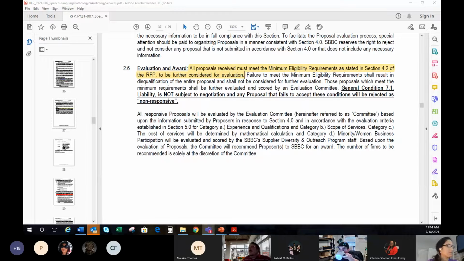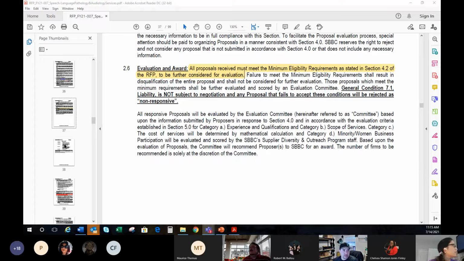So also within this section is this general condition clause, and we'll go over that later, liability. It is not subject to negotiation, and any proposal that fails to accept these conditions will be rejected as non-responsive. So that is extremely important.